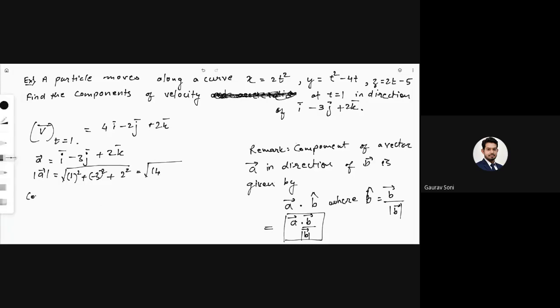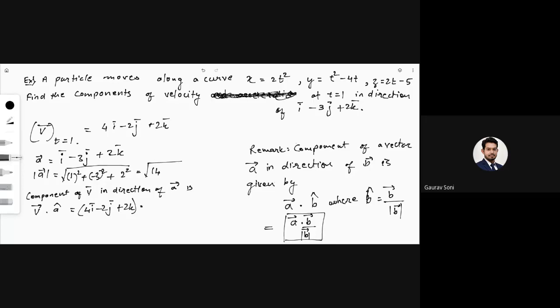So component of V bar in direction of A bar is V bar dot A cap, which is 4i minus 2j plus 2k dot i minus 3j plus 2k upon under root 14.